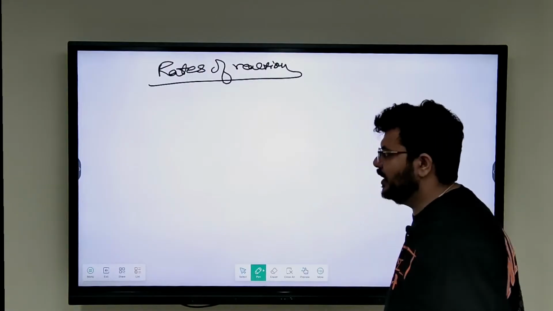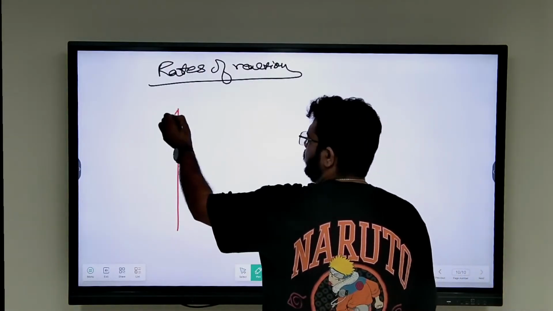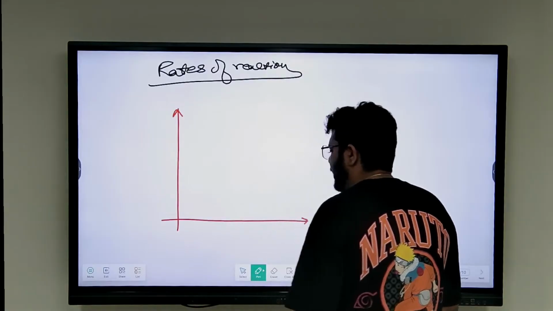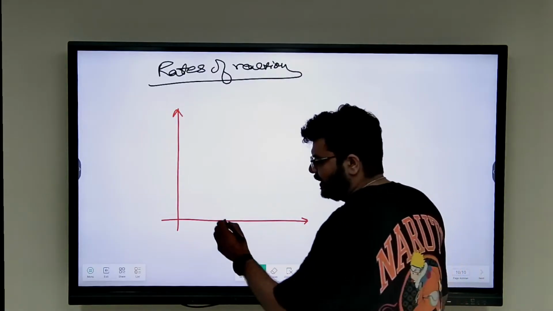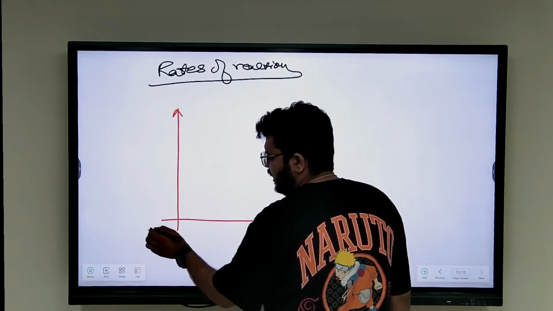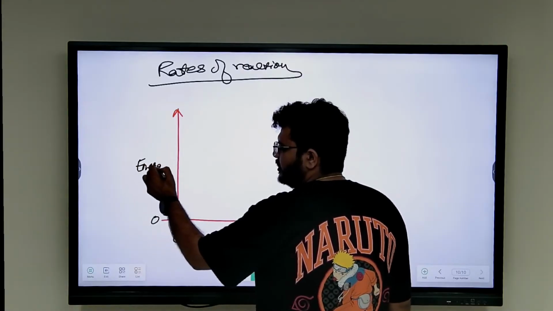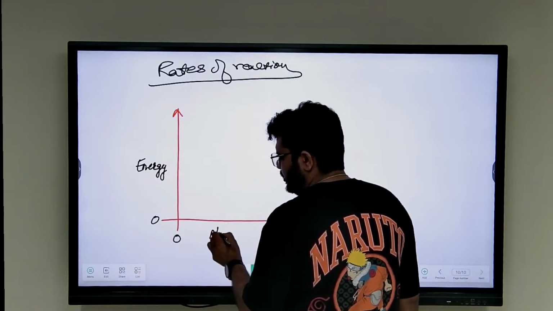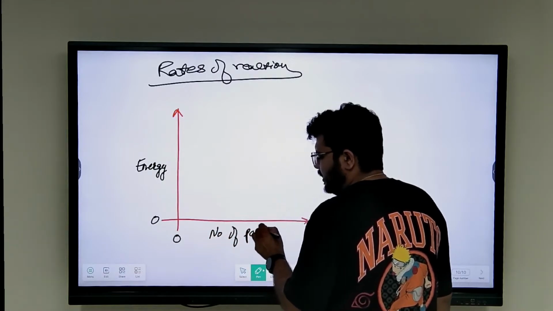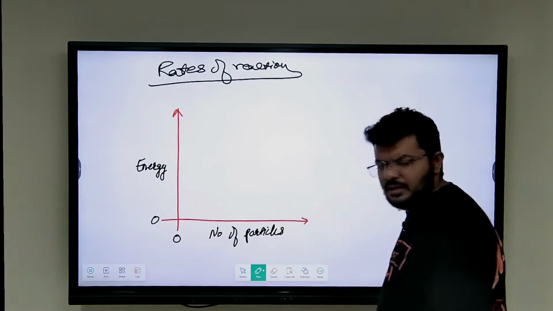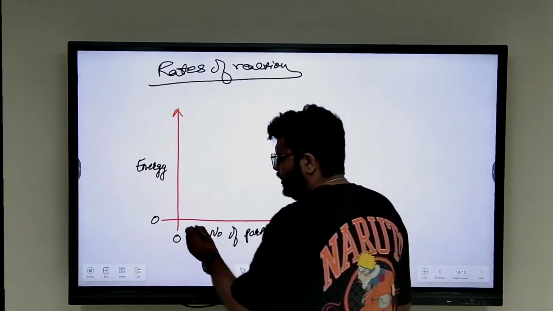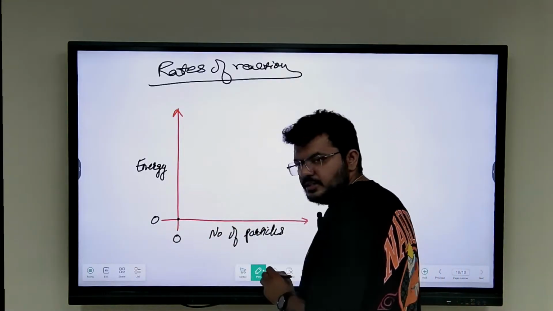But in case of temperature, if you look at the energy distribution of particles, let's say this is energy and this is number of particles. If I start making a bar graph, what will I find? Zero particles have zero energy.